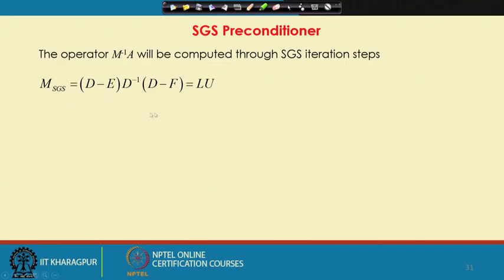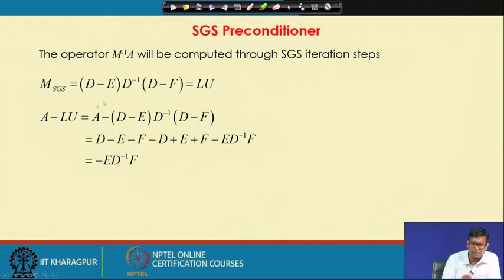So, if we find M SGS and A minus LU, we get a solution which is E D inverse F. So, this is the error in the LU decomposition. The LU decomposition of M is not the same as the LU decomposition of A. There is some difference, which is minus E D inverse F, and as A is a diagonally dominant matrix, if D is much larger, the values of this matrix are smaller.